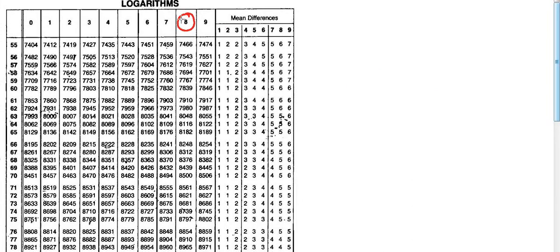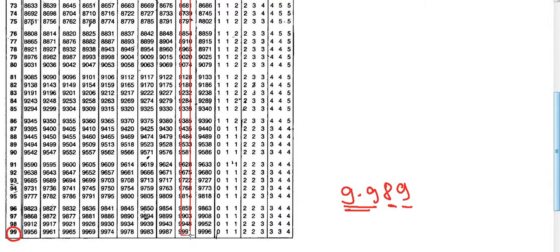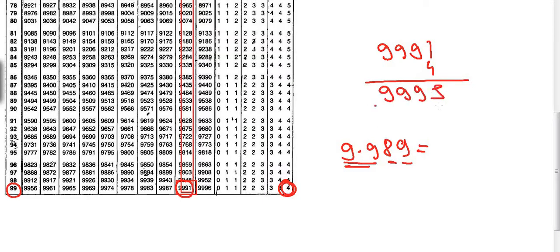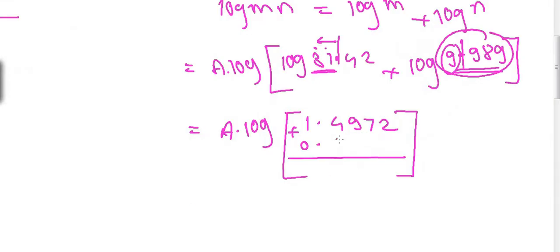Now let us take the intersection of the column of 8 with the row of 99. The intersection is 9991, and the last mean difference is 4. Let us add this, so we get 9995. So this is the mantissa for the log of 9.989.